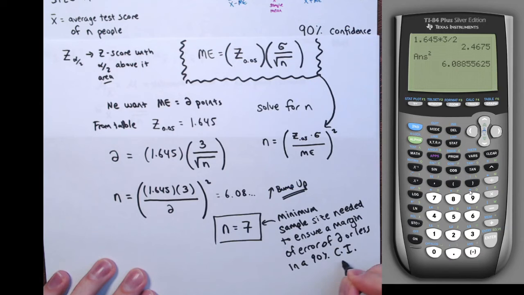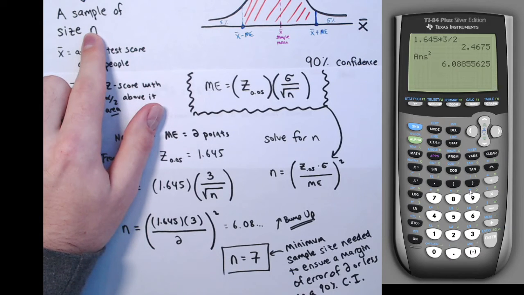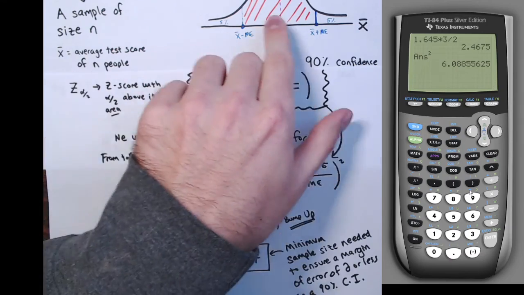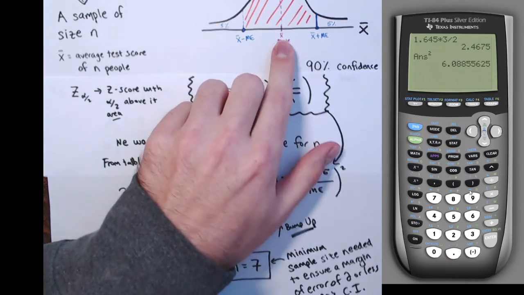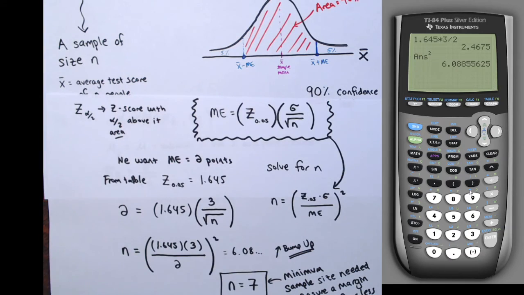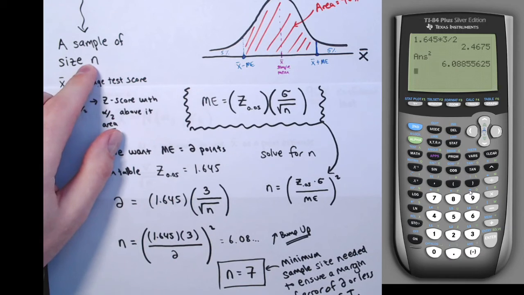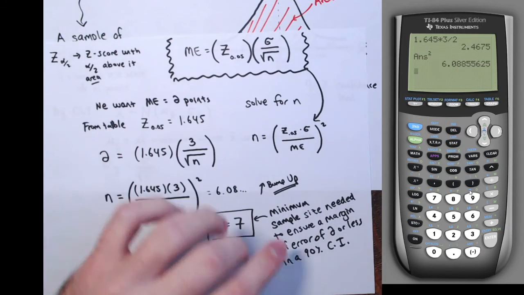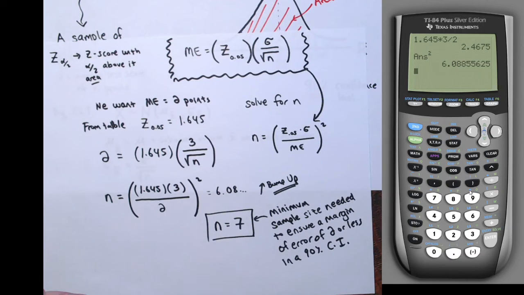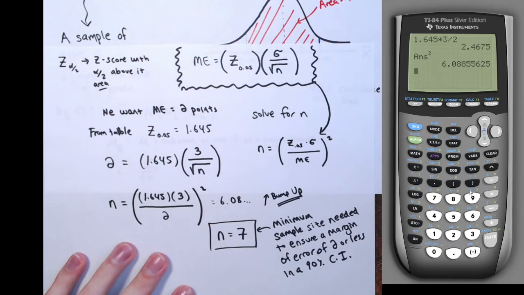I'll just put CI for confidence interval. If I took a sample of size 7 or more, 7 people, 8 people, 9 people, whatever, took their test scores, took their average and created this 90% confidence interval, the margin of error will be 2 or less. This value here will be 2 or less.